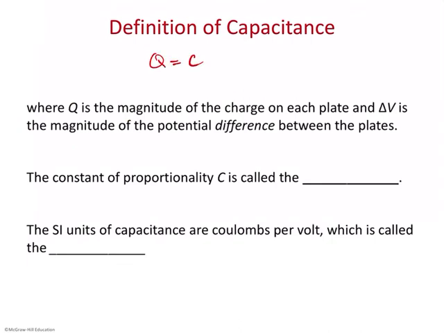Okay, so another big equation: charge is equal to capacitance times the change of voltage, where the charge is the magnitude of the charge on each plate, and the voltage is the magnitude of the potential difference between the plates.